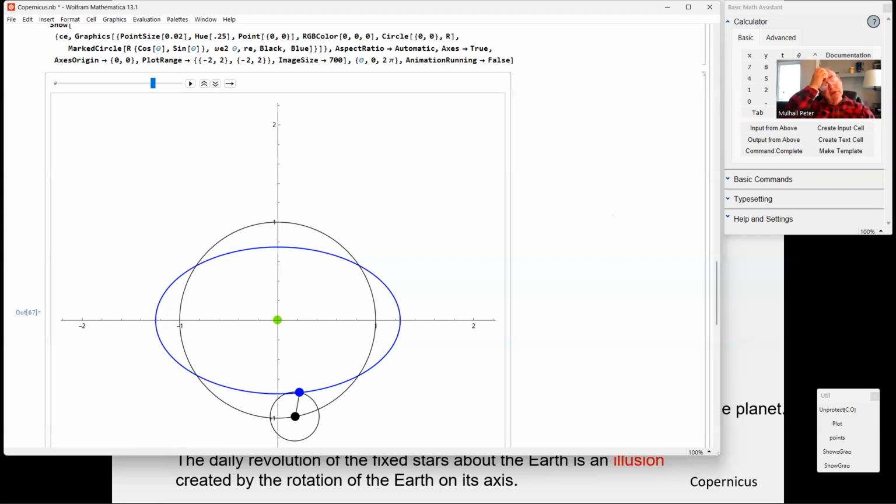Questions, comments? Peter, is there an assumption in either the Ptolemaic model or the original Copernican model that the different planets are all the same size and appear different simply because of the distance away? Or are they agnostic on that?